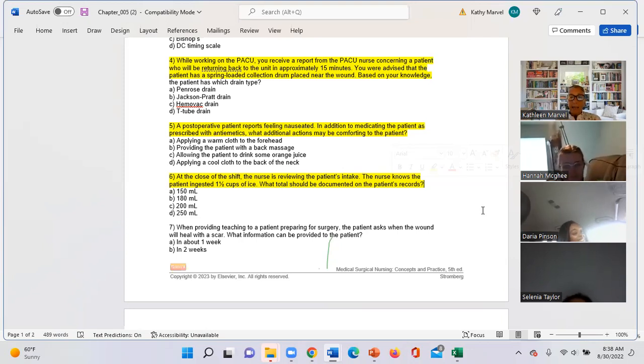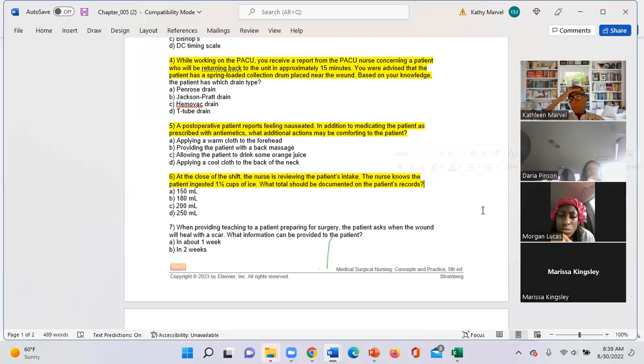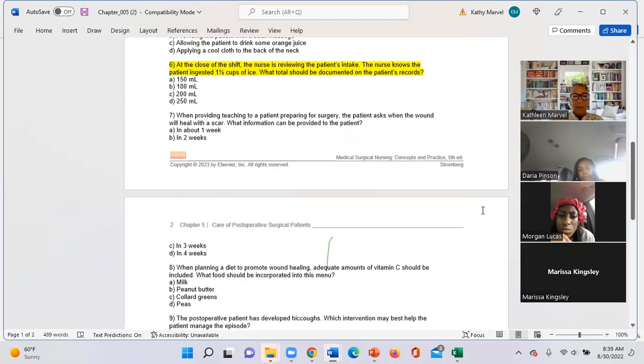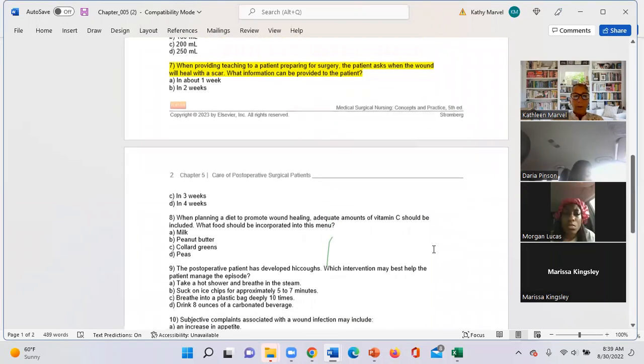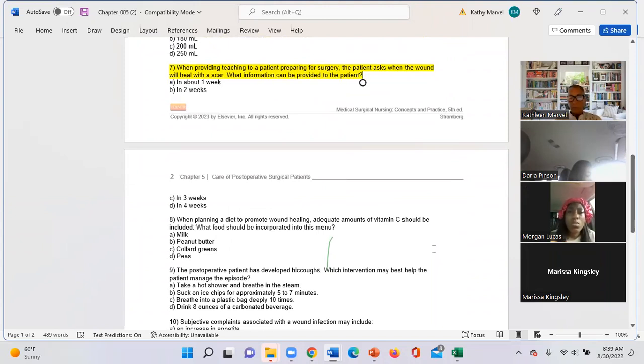So did everybody get that? Daria did that perfectly. Did everybody understand how she did it? Yes. Okay. The other two answers are on the next page.